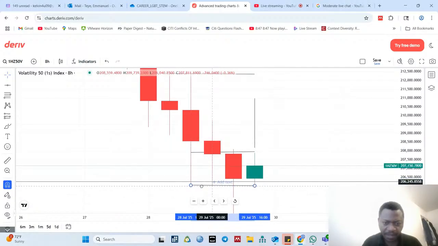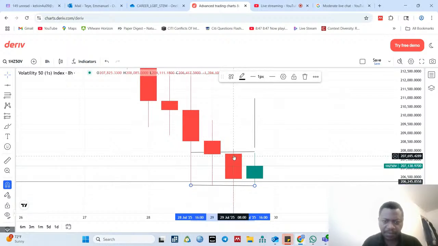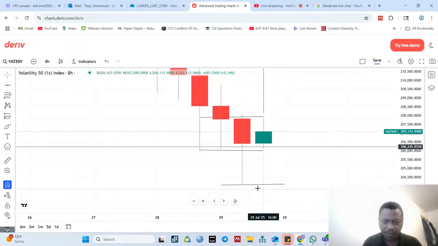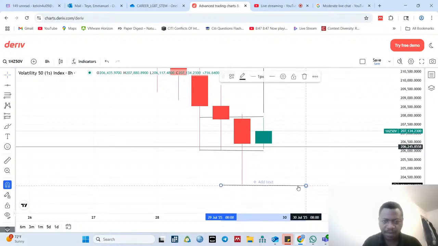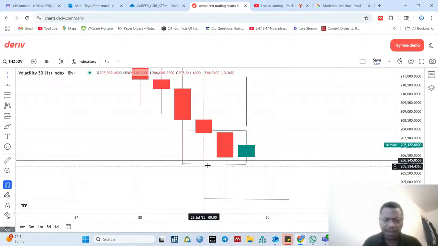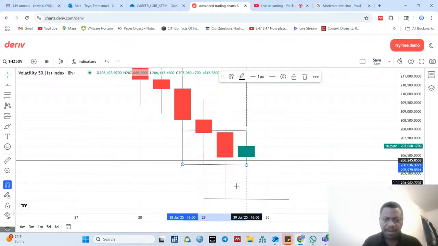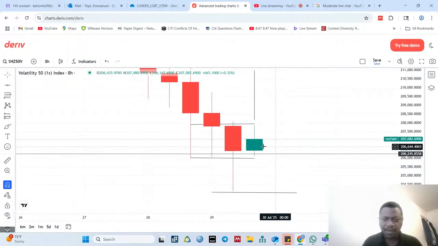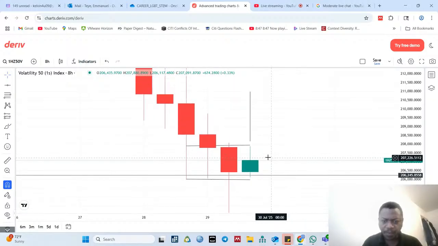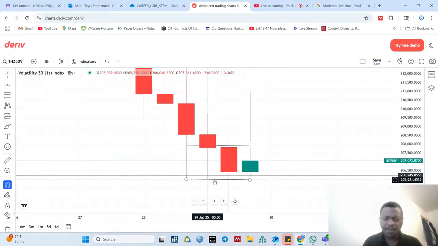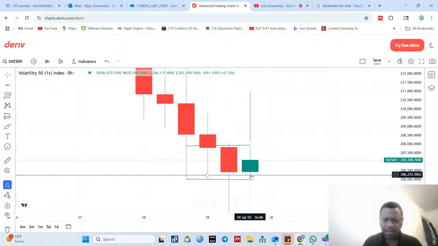These are relative equal lows here, and then this last bearish candle pushed down to sweep or to take all of them out, giving us this last low here. So we have lows on the left side, we have a lower low, and then the new candle that opened is pushing up, giving us a lower high. Okay, so we have a low, lower low, and a lower high.